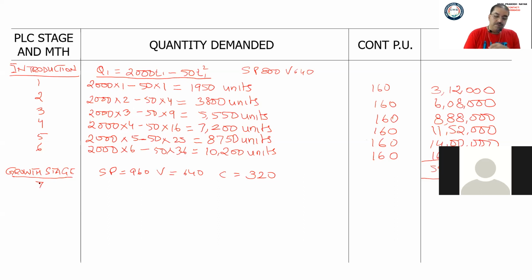Month number 7. 2000 into 7 minus 50 into 7 square, 49. That is 11,550 units.